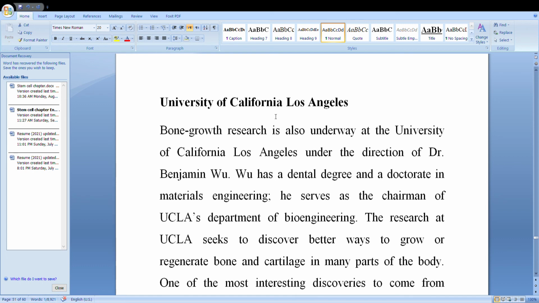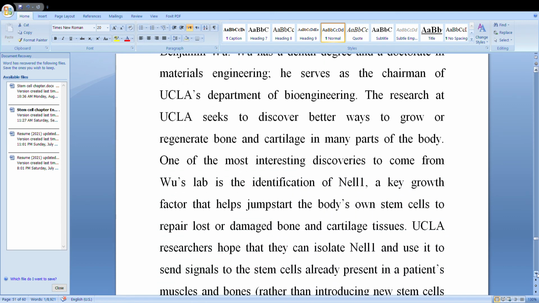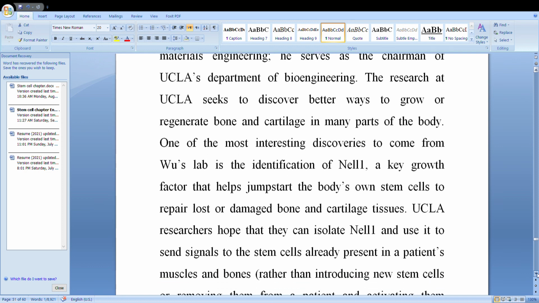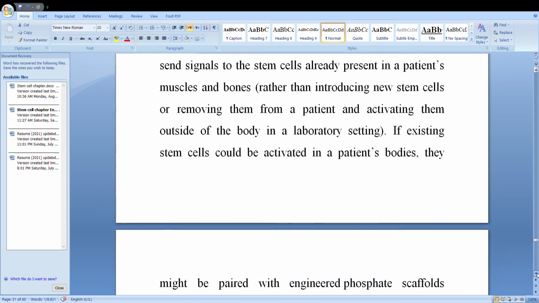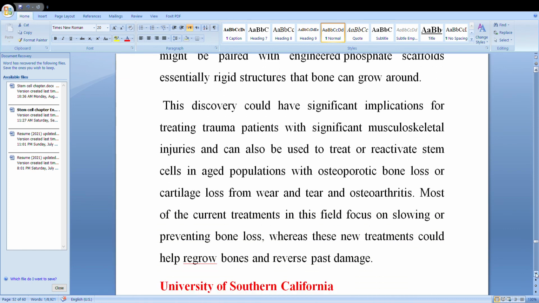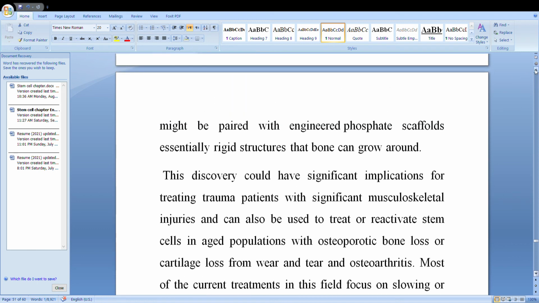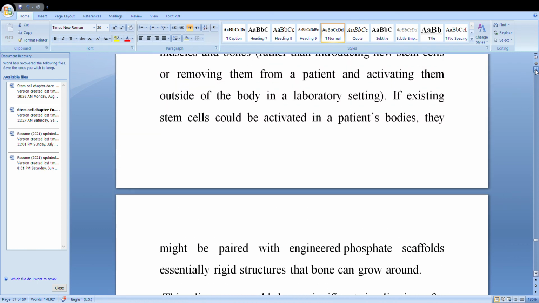University of California, Los Angeles also did some research on dental stem cells, gums and jaws, and they used genetic engineering technology and a scaffold. With the same techniques, stem cells could be activated in the patient's body.